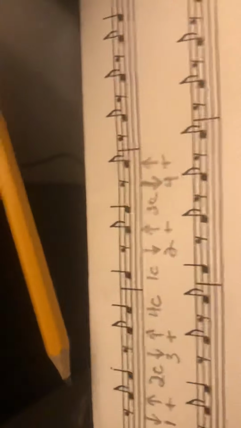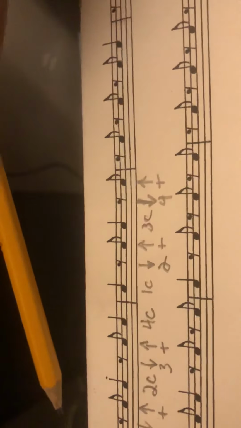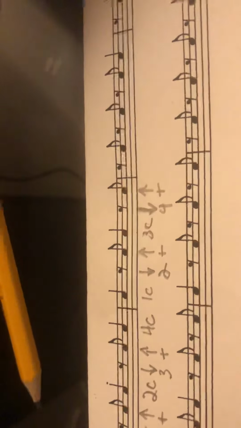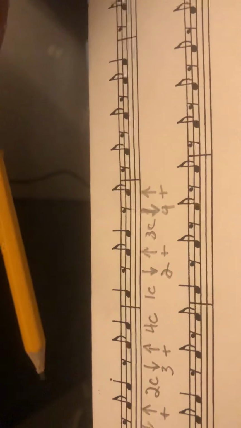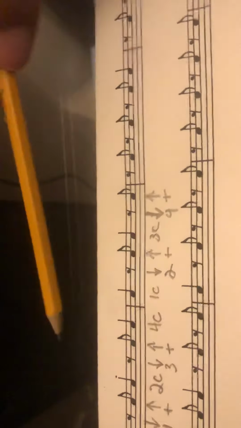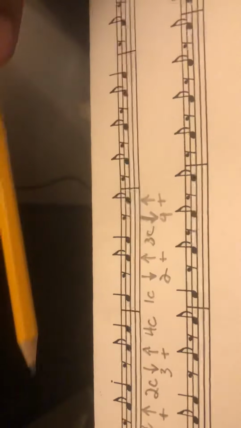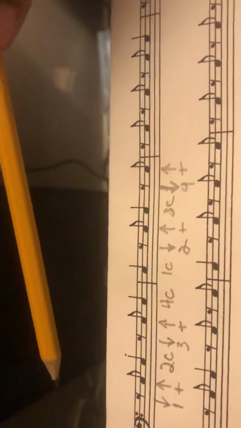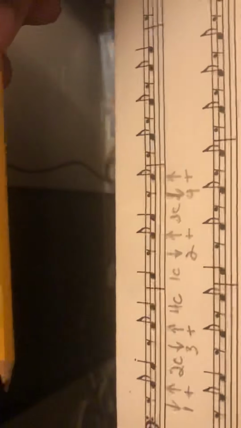My uncoordinated self again. 1, 2 and 3 and 4 and 1 and 2 and 3 and 4 and 1 and 2 and 3 and 4 and. Okay, I'll do it one more time.